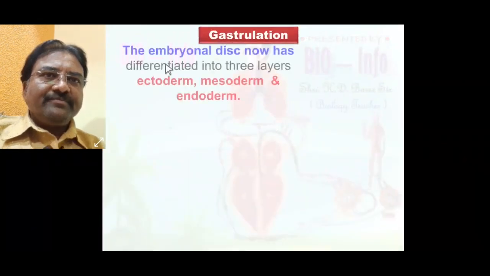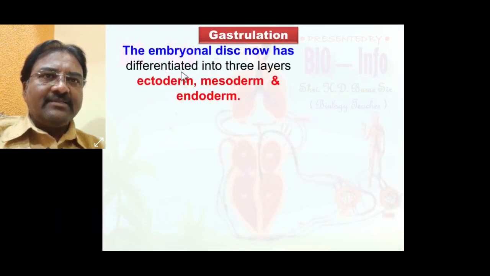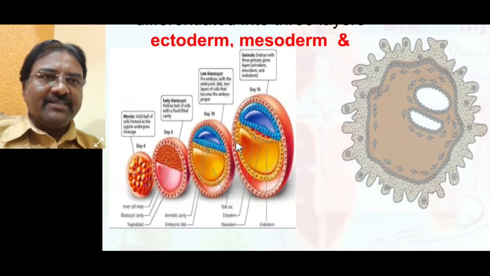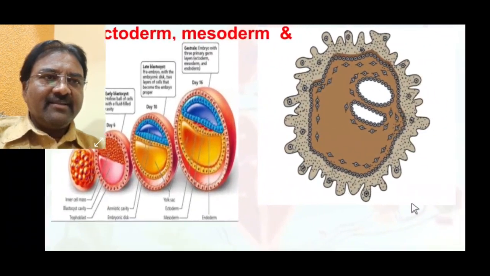Now the embryonal disc has differentiated into three layers: ectoderm, mesoderm and endoderm. Seen in diagrammatic representation in detail.